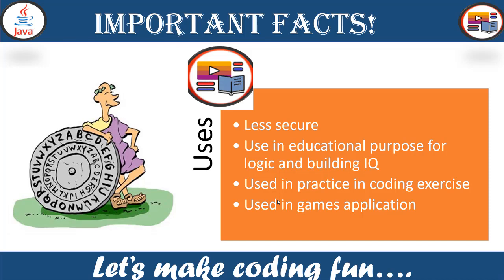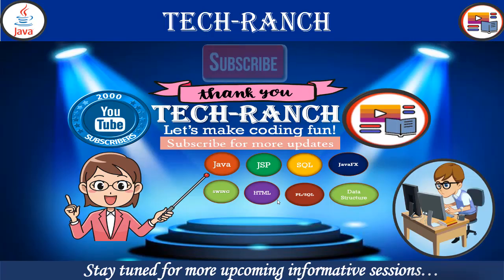But still, in some places where we need to build some IQ practice or logic reasoning practice, or coding exercises used in some games applications which are less complicated, those are the best places to use this type of algorithm. So this is all about cipher text encryption and decryption algorithm implementation using Java.